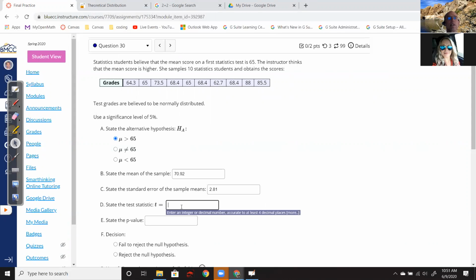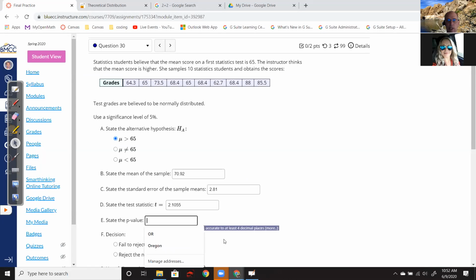My test statistic was about 2.1. It says 4 decimal places, so 2.1055-ish. And again, you got to look at yours. So that's my t-score from the sample mean. And I had a p-value of about 3%, 4 decimal places.